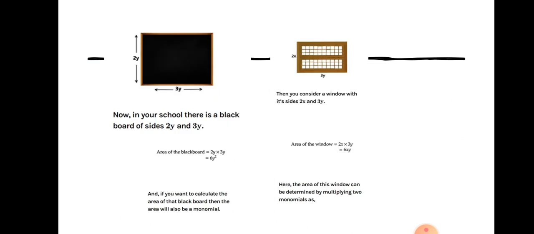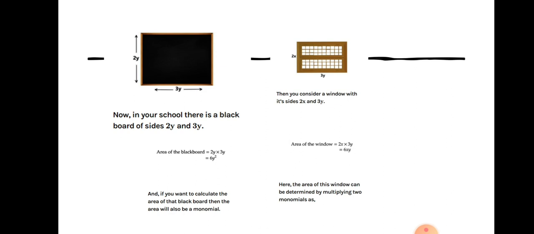Now in this example, you have a blackboard with the sides 2y and 3y. What will be the area of the blackboard? The area will be a monomial. Why is it a monomial?